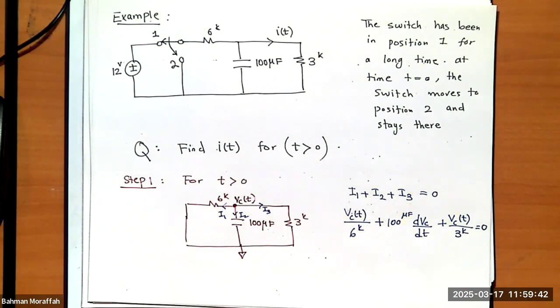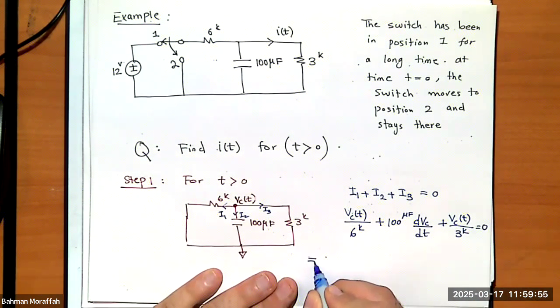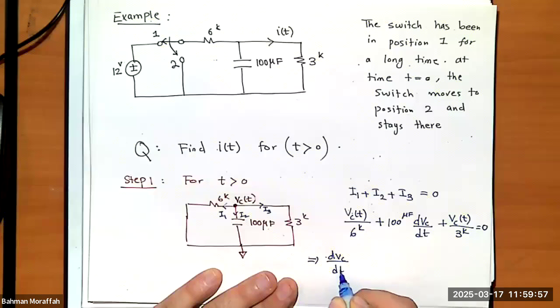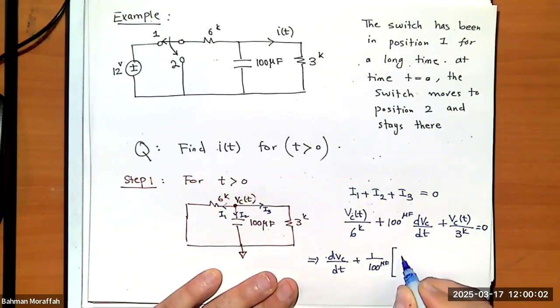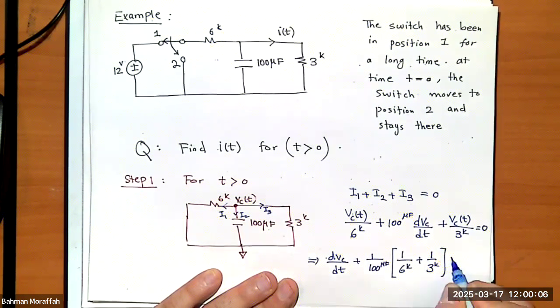Now I want the leading coefficient of this differential equation to be 1 because I want it to look like the equations that we had before. So I'm going to divide everything by this 100 microfarad, and I basically put together these two terms. So if I do that, I have dVc dt plus 1 over 100 microfarad times (1 over 6K plus 1 over 3K) times Vc of t, and that must be 0.